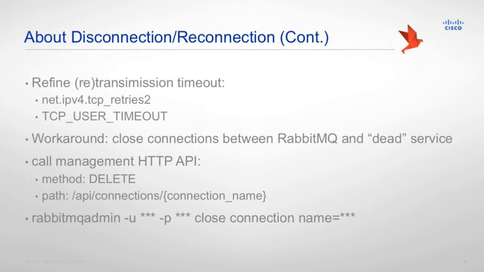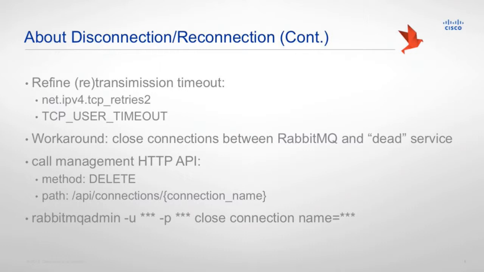By default, in our environment, we use Red Hat RHEL 7, the number is 15. That is more than 900 seconds, something like 930 seconds, so more than 15 minutes.